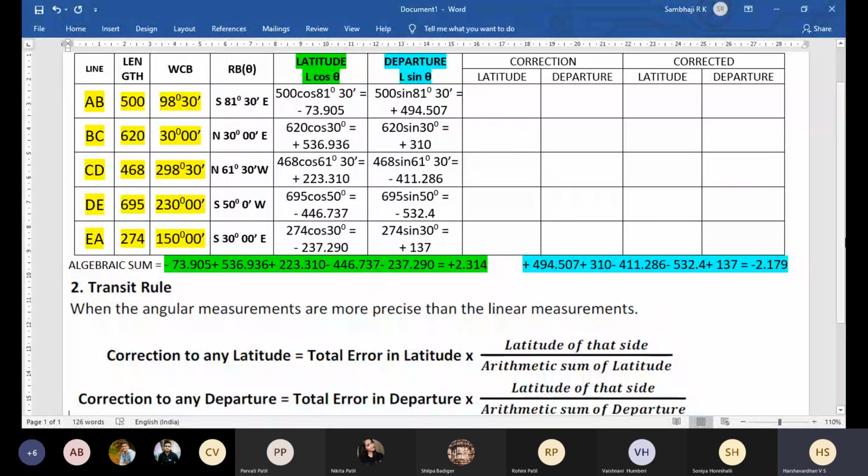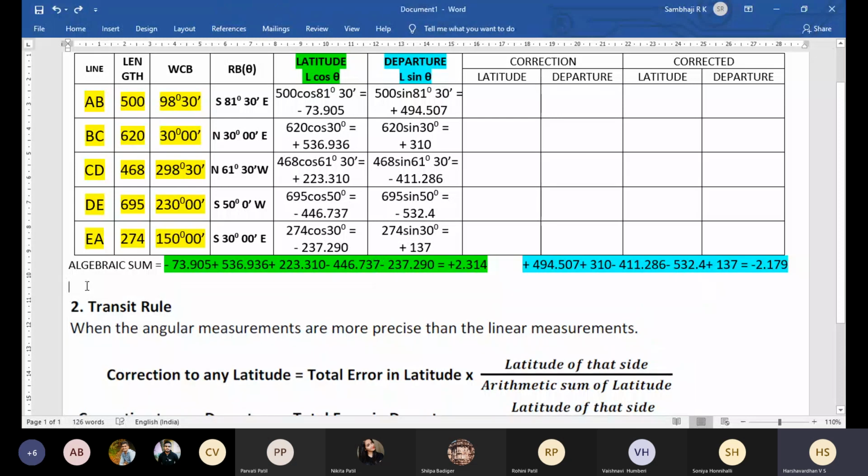Total error in latitude is 2.314, and latitude of the respective sides we have calculated. We have calculated the algebraic sum, but not the arithmetic sum. Arithmetic sum means we'll only add the magnitudes without considering any signs.